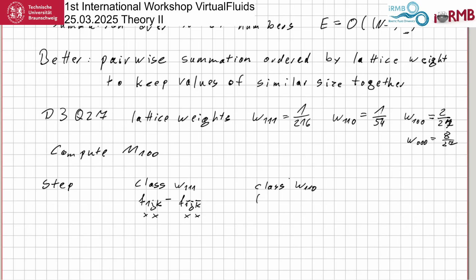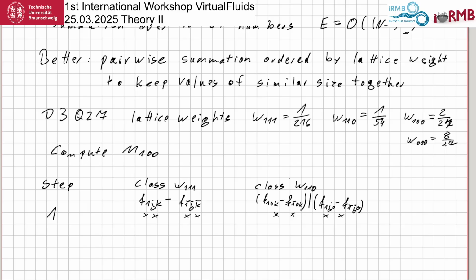Then there's the class W110. Of these we have F10K minus F minus 10 minus K, or the other way, F1J0 minus F minus 1 minus J0. They are actually the same number of operations, permutations of these.